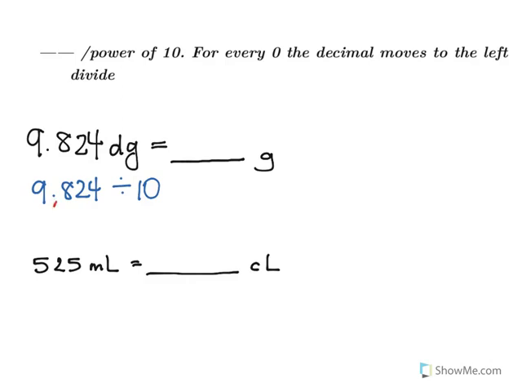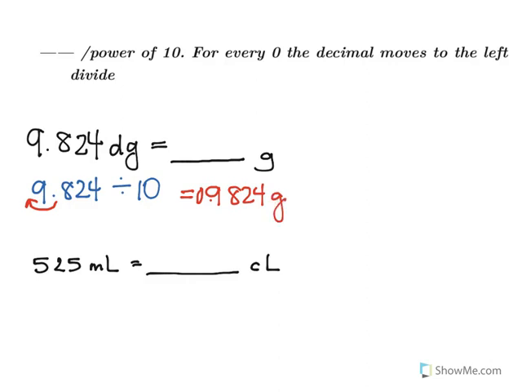So my decimal is going to move 1 place over to the left, and it's going to equal 9,824 ten-thousandths. We haven't learned the 4th placeholder over, but we know that it's still going to move 1 place over to the left.